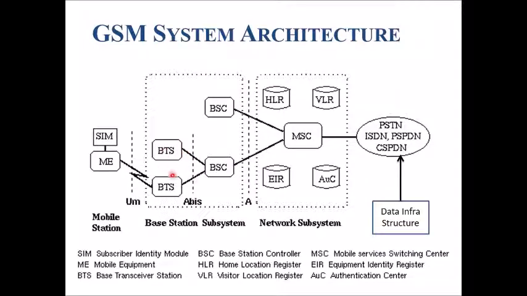These are many in number in one area. There are many BTS connected to one BSC, and there are also many BSC in one area. So basically these are the mobile towers you might have seen on the buildings. So we can call this base transceiver station.